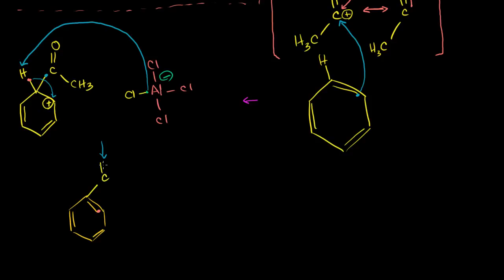So we have a carbon double bonded to an oxygen, bonded to a methyl group. And now the aluminum chloride anion lost its electron, so it goes back to just being straight up neutral, electron deficient aluminum chloride. And we're done. We've just acylated this benzene ring.